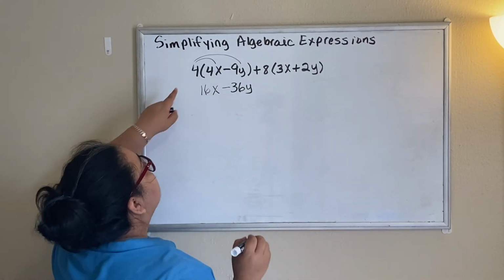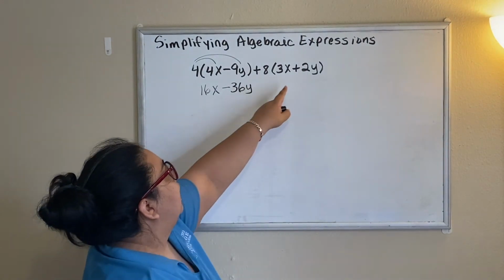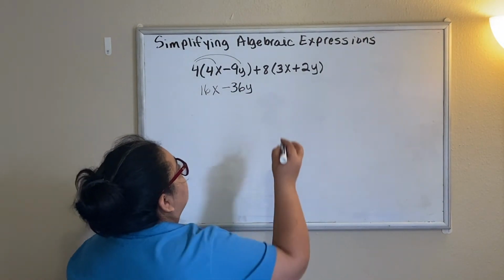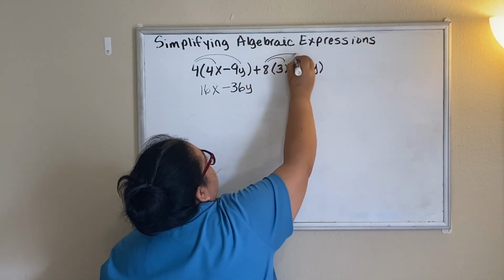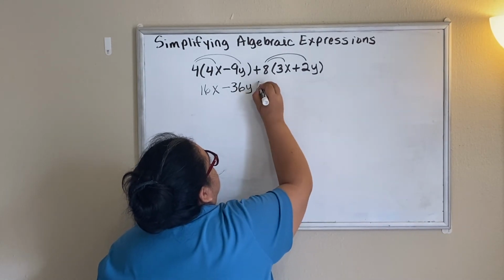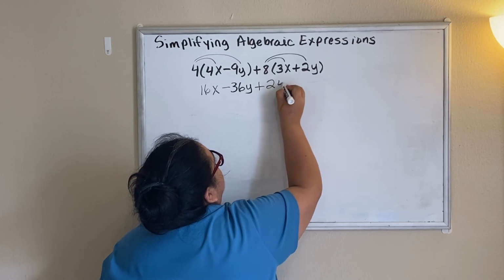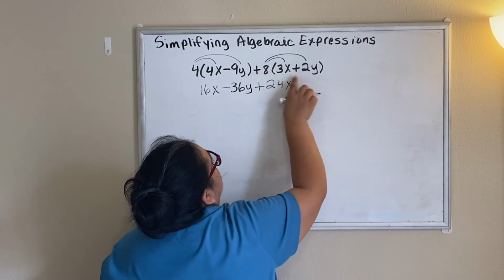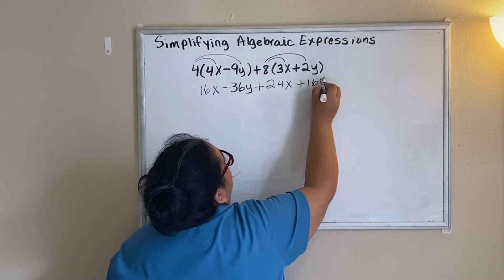And we are done with the first group. Okay? So now we go to the second group, and we're going to distribute 8 to 3x, and we're going to distribute 8 to positive 2y. So we're going to bring down this plus sign, and then 8 times 3x is 24x, and then 8 times positive 2y is a positive 16y.